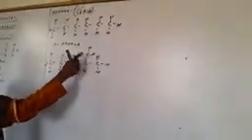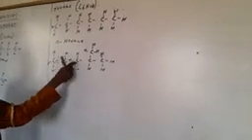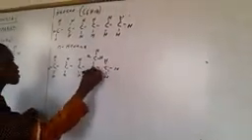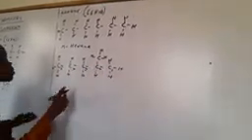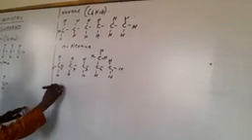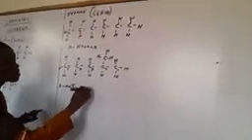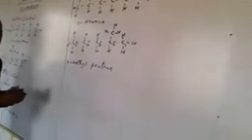We have 1, 2. This is where we have the attachment. You cannot start the numbering from the other side. You start the numbering from here. That gives us 1, 2, 3, 4, and 5. On the second carbon, we have the attachment. We have 2-methyl, and the longest chain is 5. That is pentane.